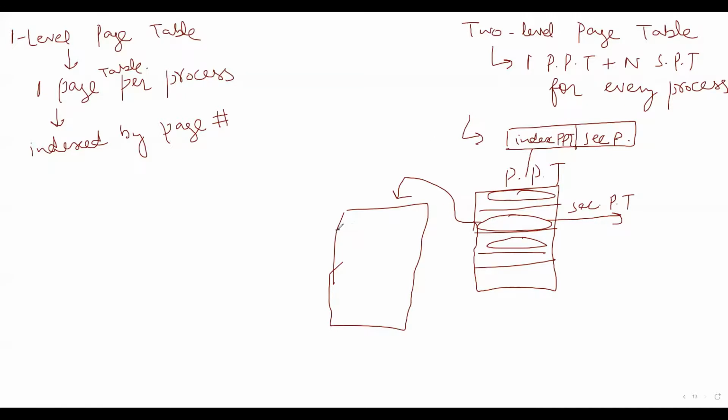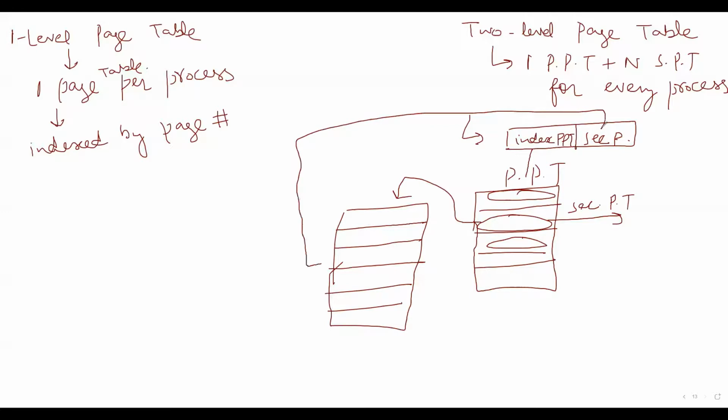After choosing the secondary page table, the remaining bits of the page number, this part, are used to access that particular secondary page table, and that secondary page table stores the frame numbers. This is how a two-level page table works, and how it is able to decrease the total size.